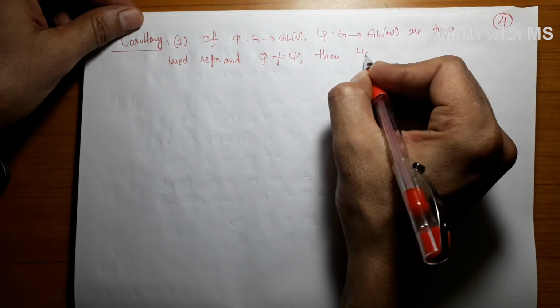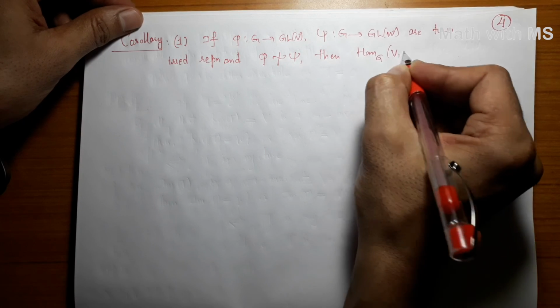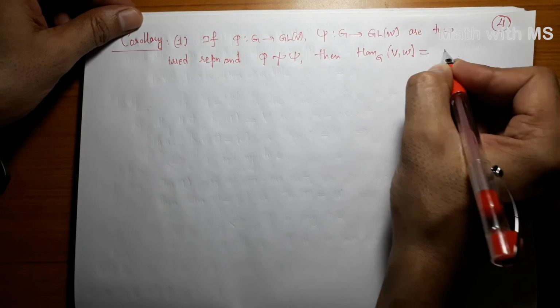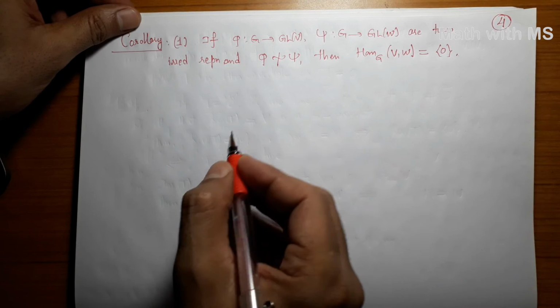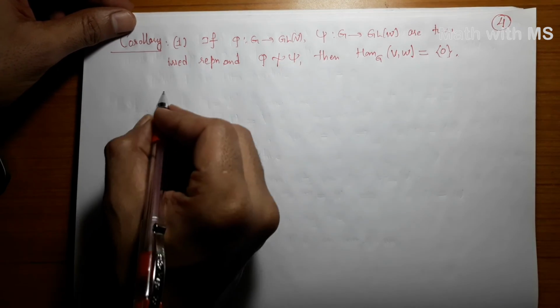Then Hom_G(V,W) turns out to be the singleton zero space. There is only the trivial morphism from V to W if they are not equivalent.